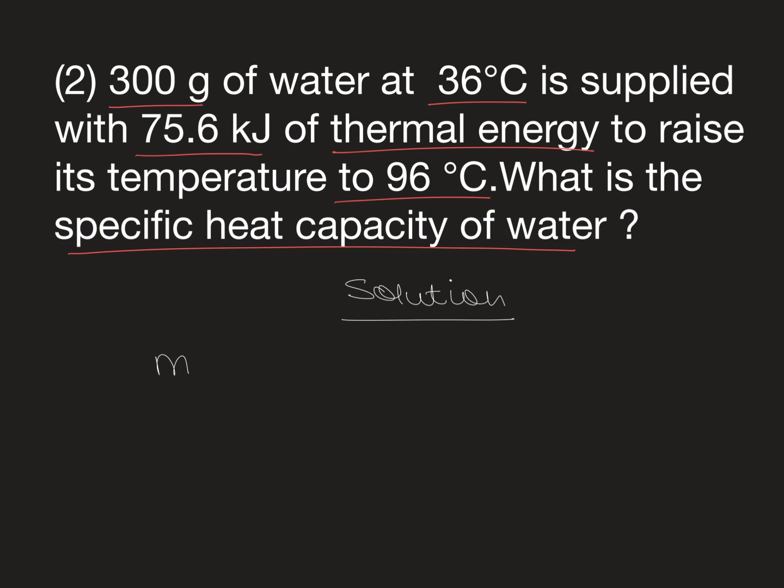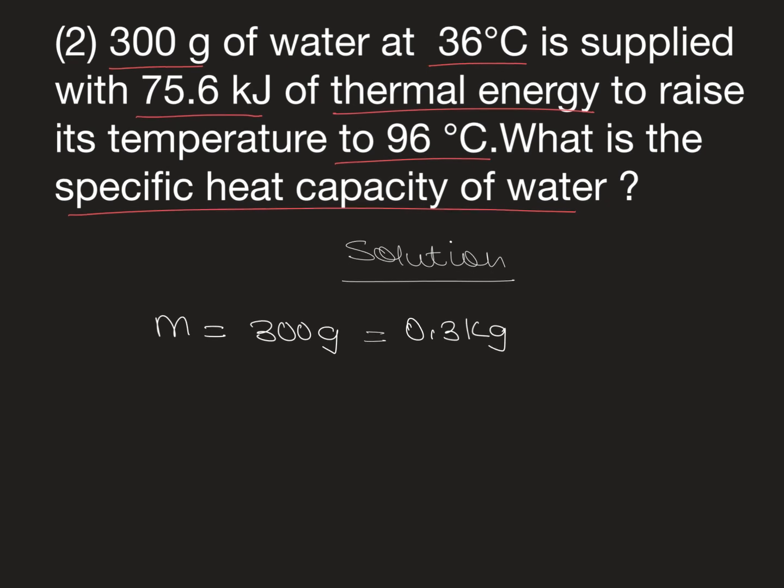The mass of water given in the question is 300 grams. If you convert that to kilograms by dividing it by 1,000, you get 0.3 kilograms. The quantity of heat given in the question is 75.6 kilojoules.